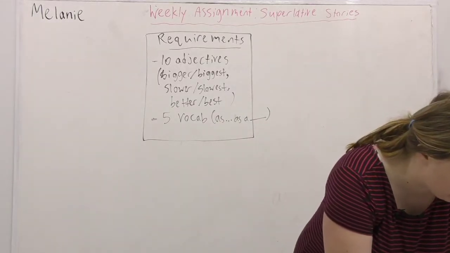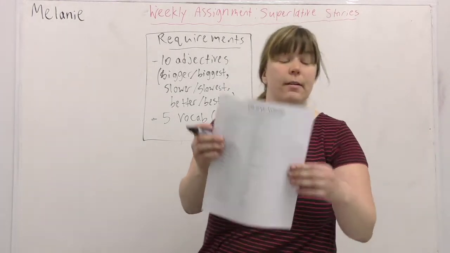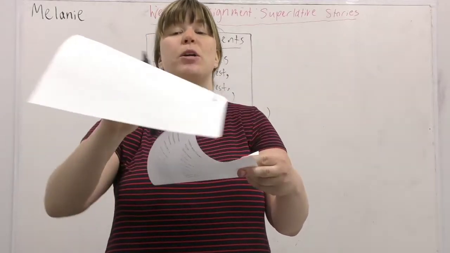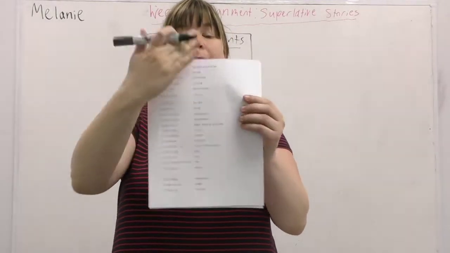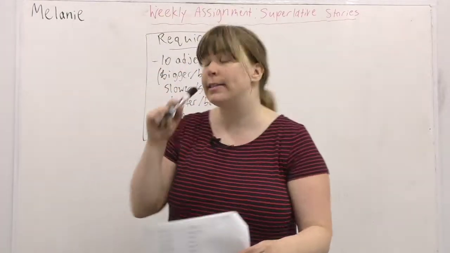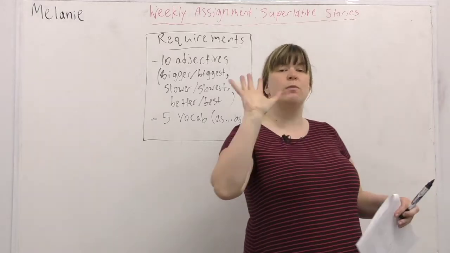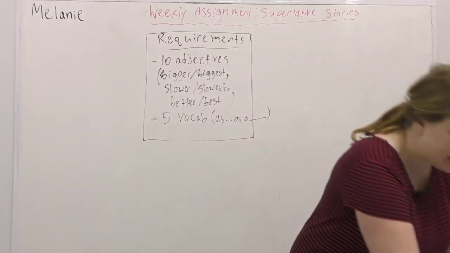If you're having trouble thinking of some, this list could help you out. So please feel free to look at this list if you need help thinking of some good vocabulary to use. So try to do this 5 times, all right?